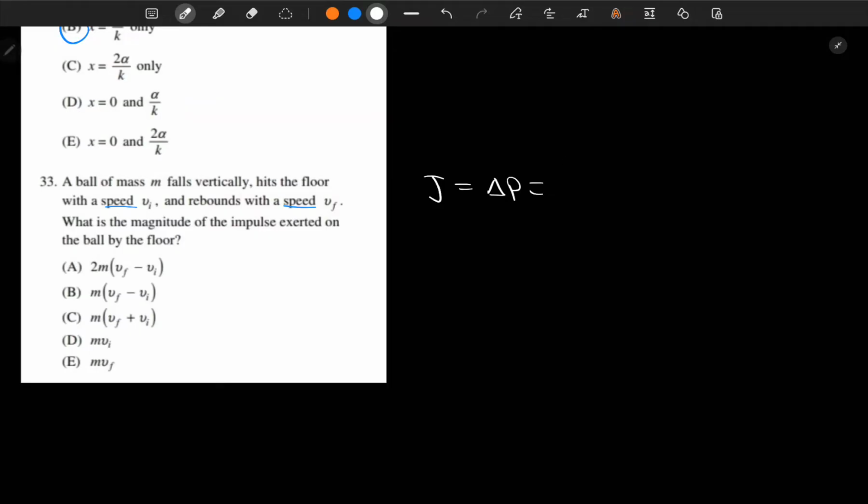So the change in the momentum is the final momentum, which is m vf, minus the initial momentum, which is m times minus vi, where vi is the speed, and we have an extra minus sign here because it's moving down initially. So this equation becomes m times vf plus vi. So the answer here is C.